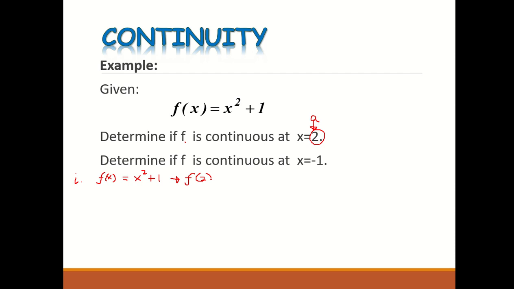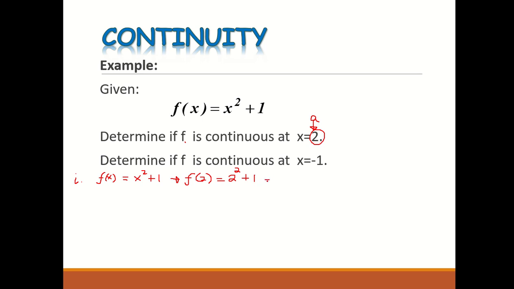Okay, so you just substitute the value of 2 to this expression, x squared plus 1. So our x is equal to 2, so 2 squared, okay, plus 1.